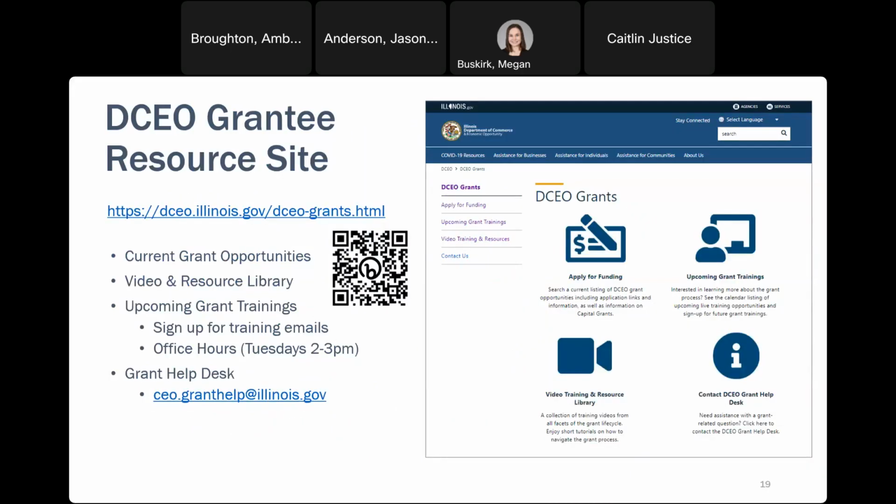All right, you have many resources available to you as a grantee throughout the life of your grant. So not only as a grantee, as an applicant, we have the DCEO grantee resource site, and we have that link in the chat. On this page, which we have a screenshot here, we have all of our current DCEO grant opportunities under the Apply for Funding page.